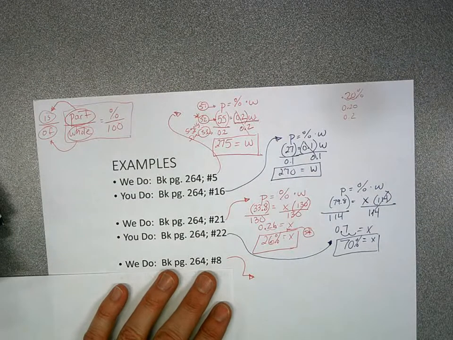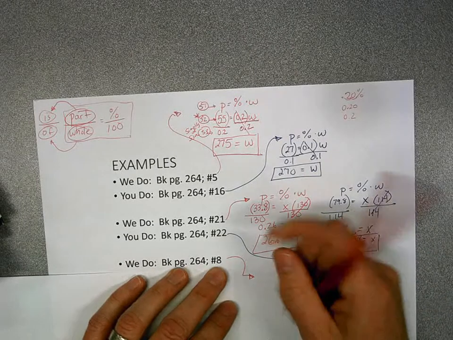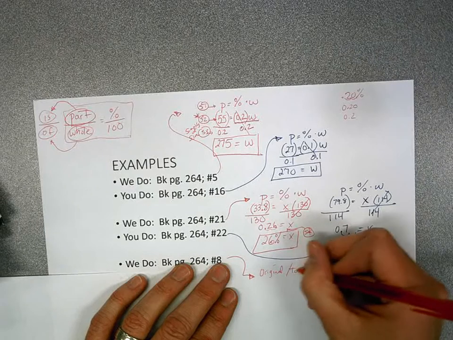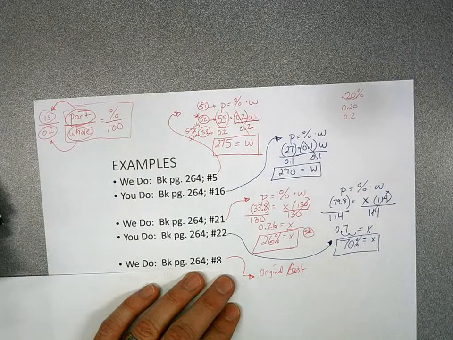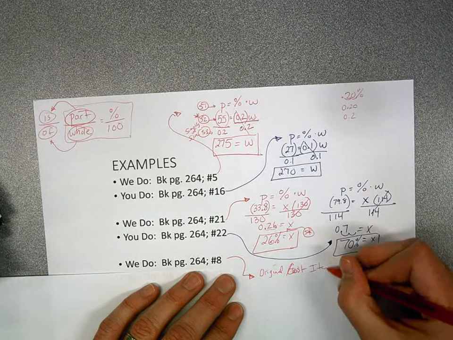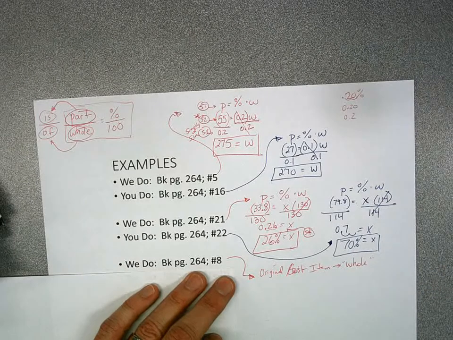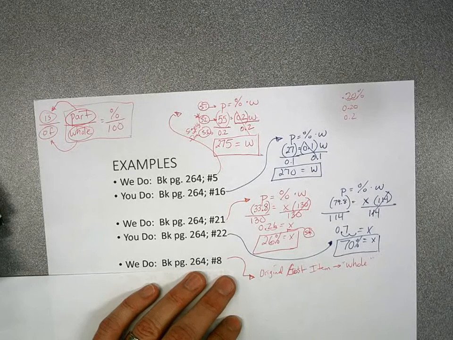First of all, a majority of the time, your original cost, like the price tag of an item, is going to be your whole almost every single time on a percentage problem. That's what a whole represents in a buying an item kind of problem.